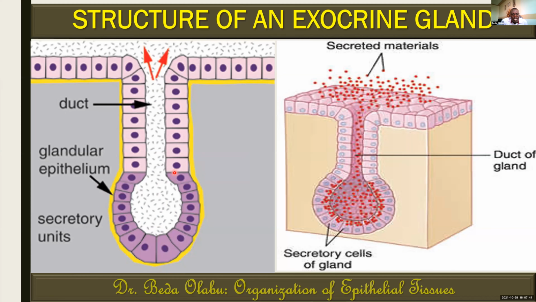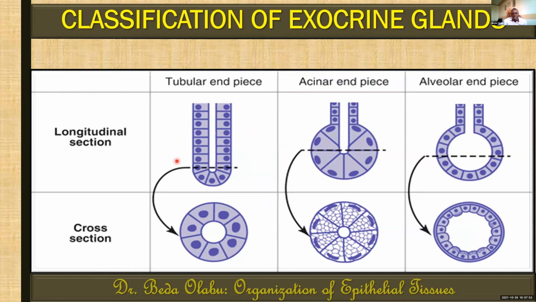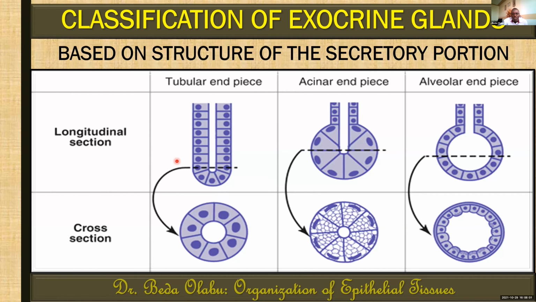And so histologically, an exocrine gland has two parts, the secretory portion and the ductal portion. These images capture that well. We have the secretory portion and the ductal portion. We can classify exocrine glands based on a number of parameters. The first one is based on the structure of the secretory portion.